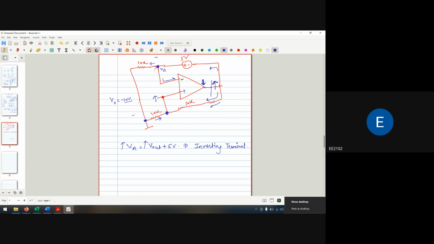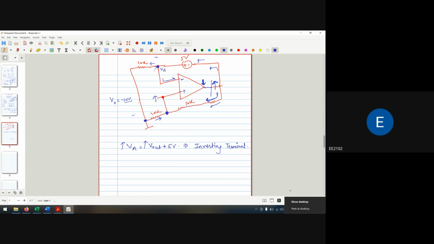Second thing, the current flowing from this one is lesser as compared to the current flowing from this one, because in the upper circuit there is no resistance. In the lower circuit there is resistance, so the current will follow only the path where the resistance value is zero or minimum.